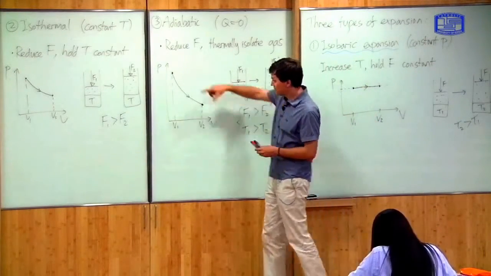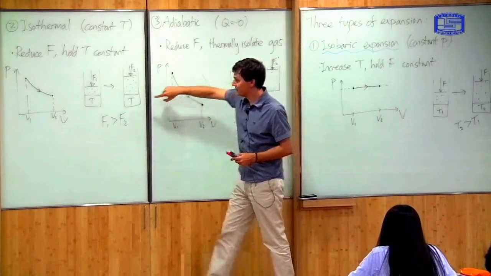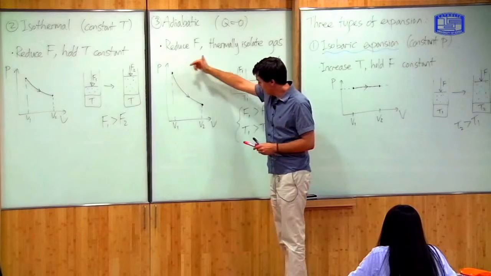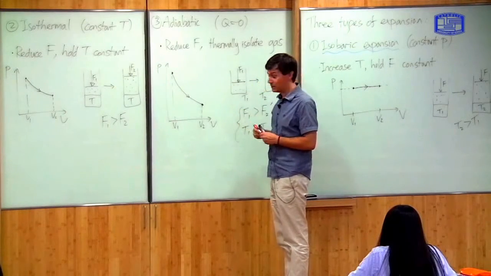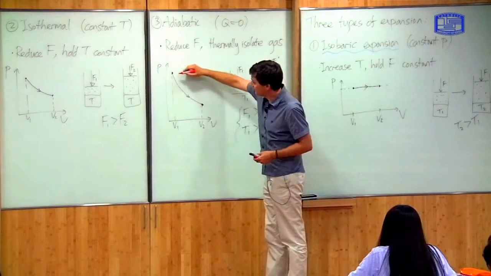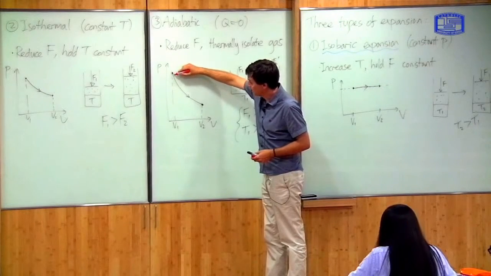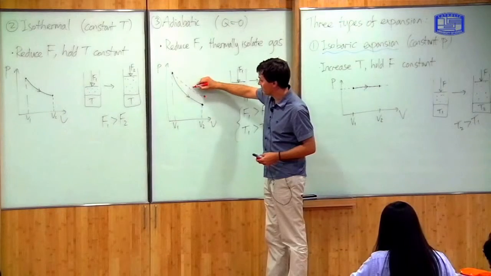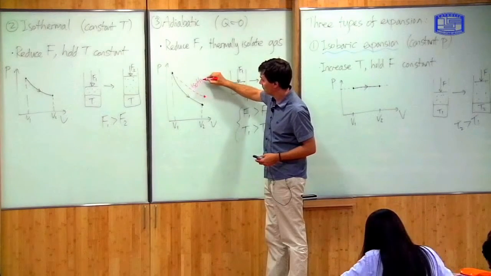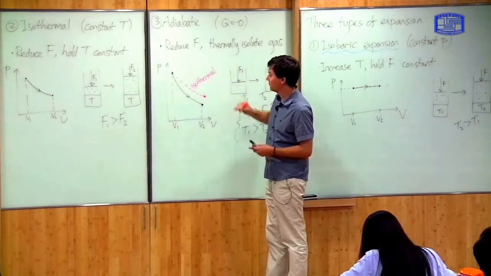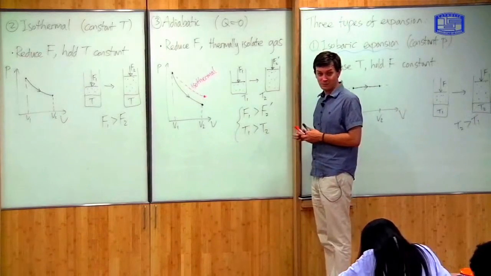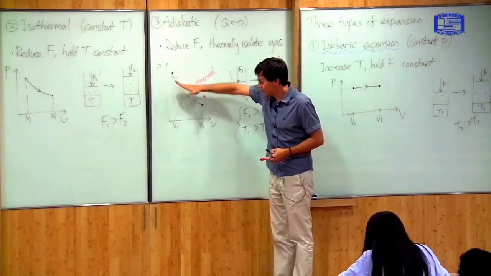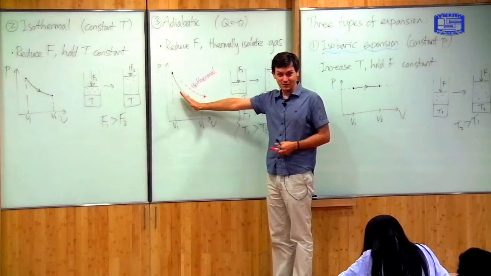So although the shape in the pressure volume diagram is similar to the isothermal case, it loses temperature. It gets colder, and that means at the same volume it has a lower pressure. If I were to draw the isothermal case, that looks something like this for reference. So the adiabatic has a similar shape to the isothermal expansion, but it lies lower on the diagram.